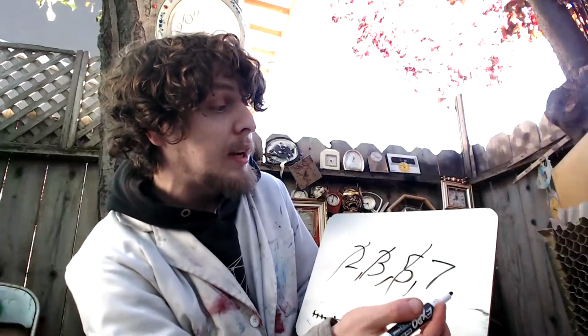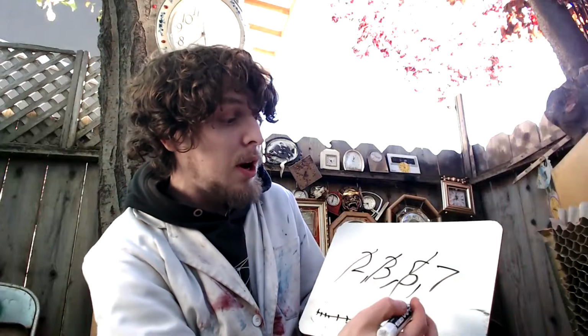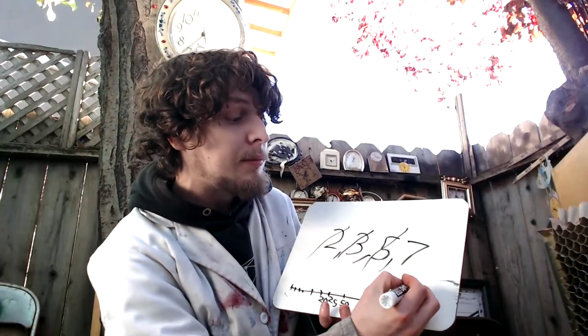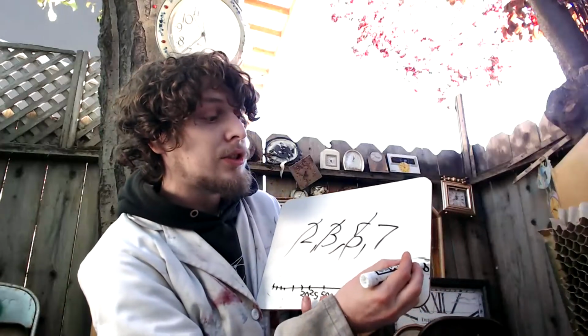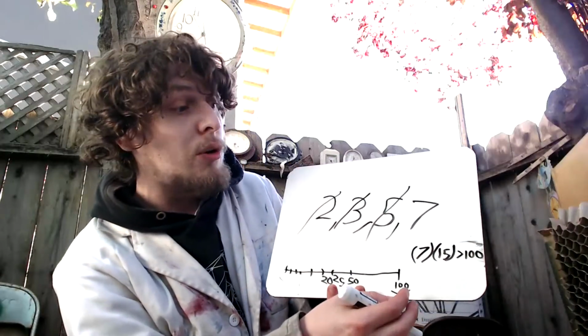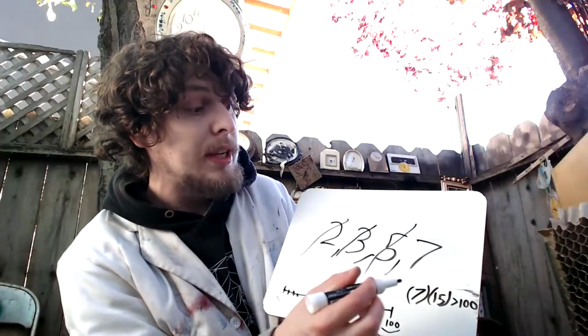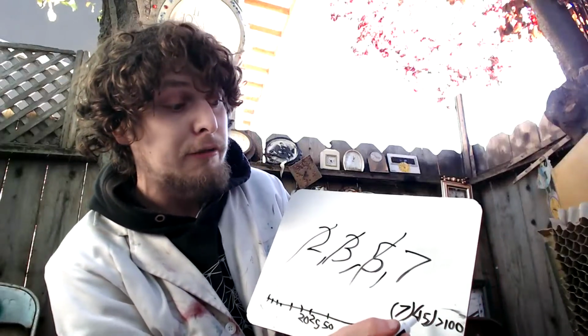So what's the biggest prime we'd need to check 7 against? Well, by the time we get to 7 times 15, that's already greater than 100. That's no longer 2 digits. So the only ones on this list that could still be composites secretly would have to be 7 times something less than 15.